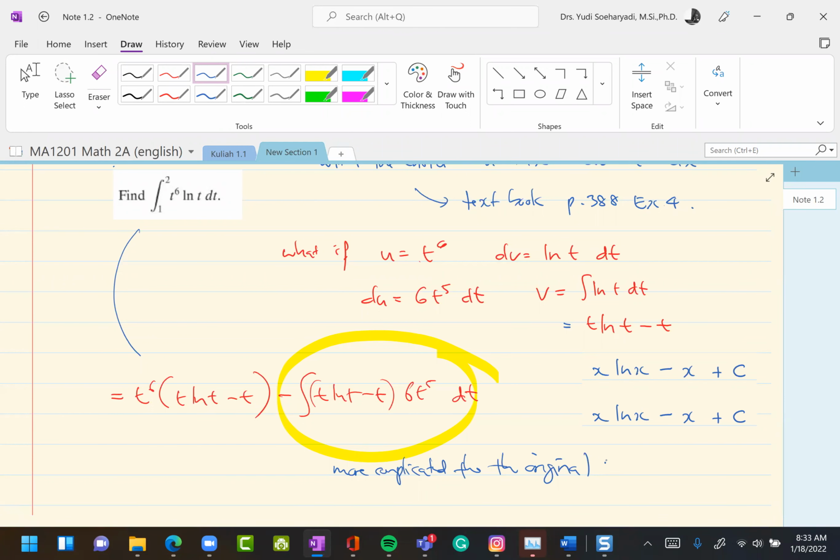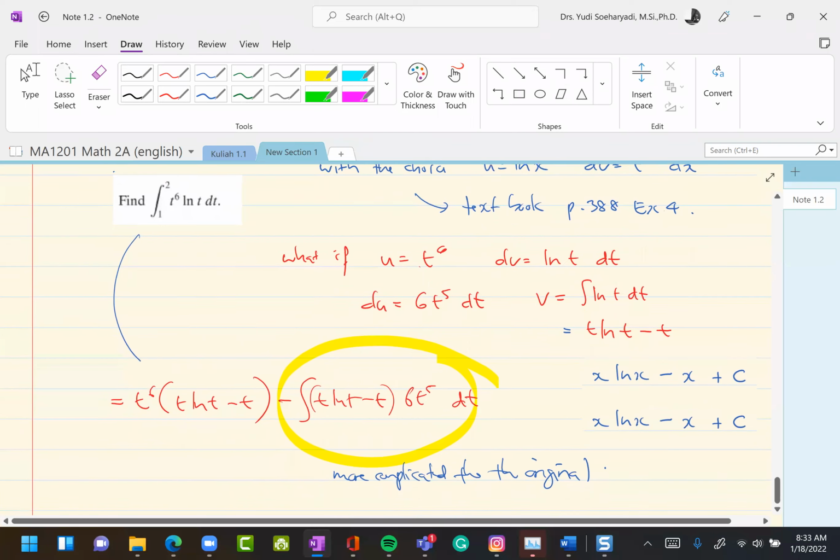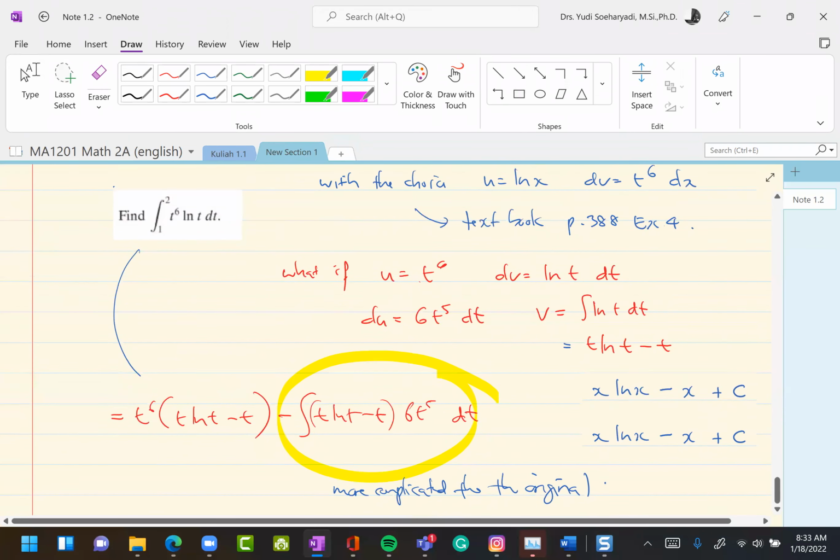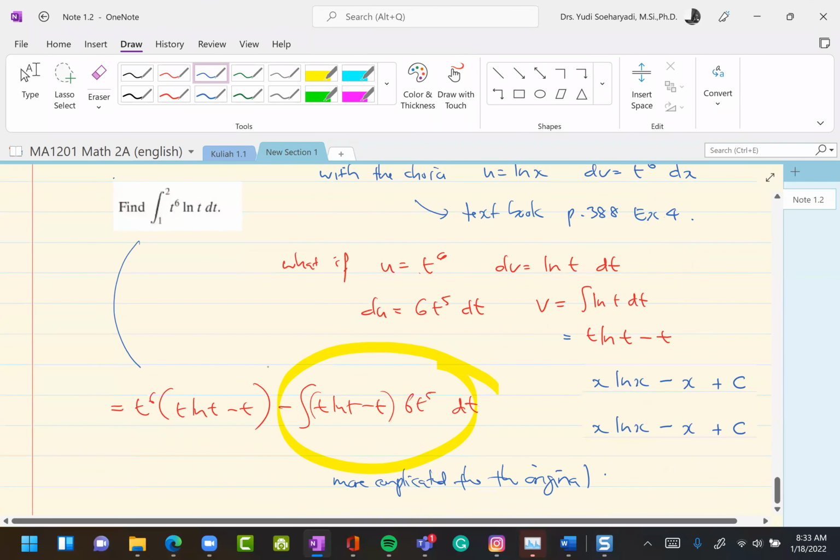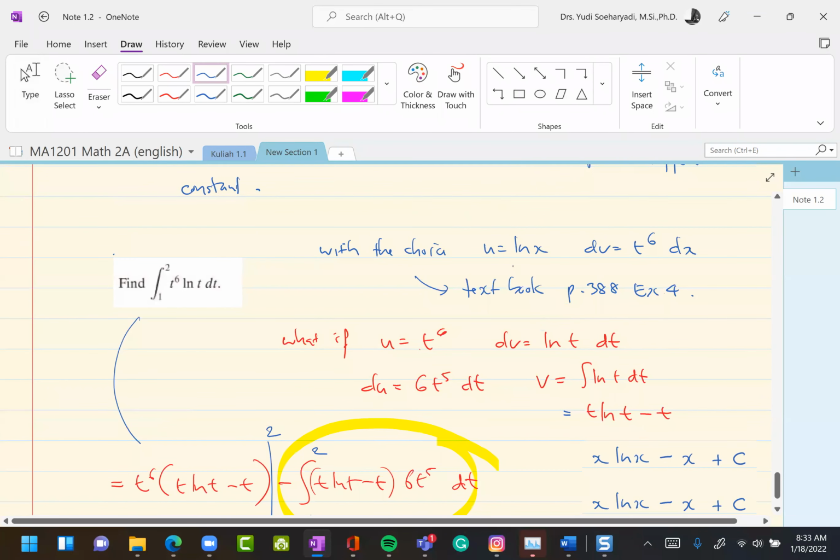Okay. But oh, sorry. This should be computed here. Okay. So this is not a good choice. So it turns out that the other choice does work for this problem.